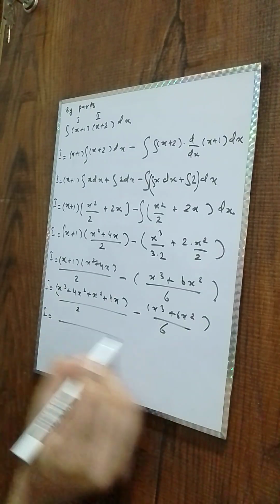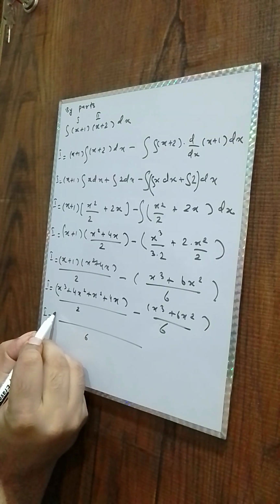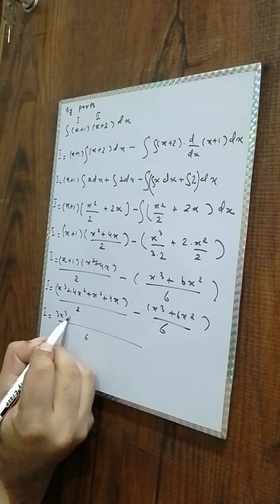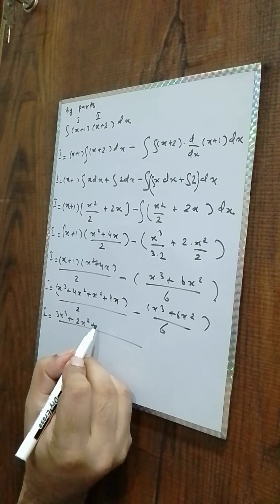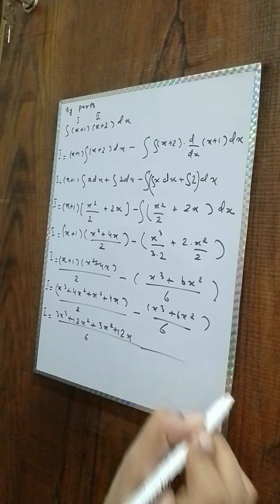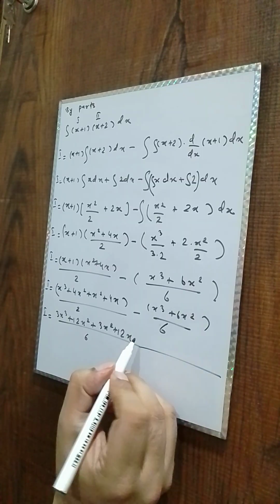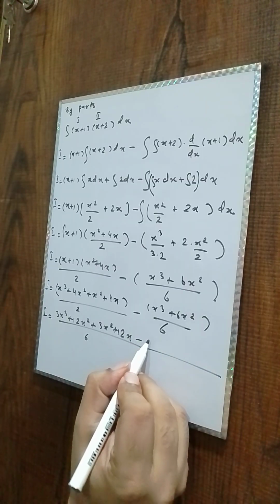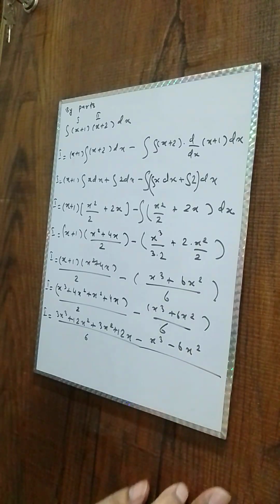So we take the LCM, which is 6 in this case, and 3 times x cube plus 12x square plus 3x square plus 12x, and now you see x cube minus 6x square.